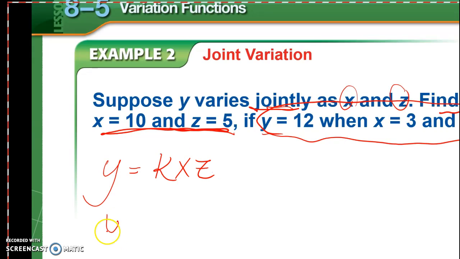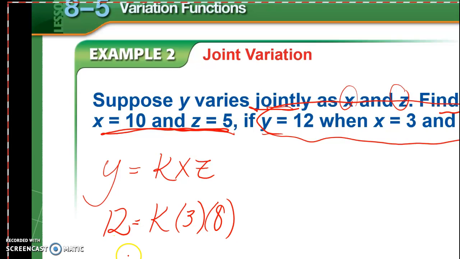So when y was 12, x was 3, and z was 8. So that gives me how I can find my constant of variation. Divide by 3 times 8, or 24. And k equals 1/2.